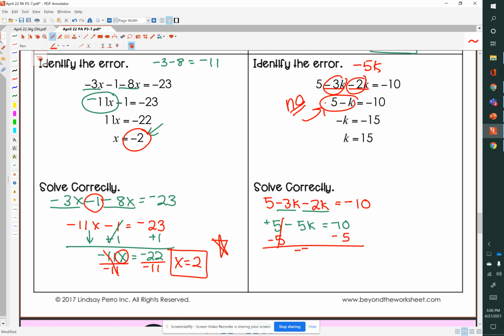So that gives us negative 5k equals negative 10 minus 5, which is negative 15. So now what's happening to k? K is being multiplied by negative 5, so we will divide by negative 5. And we've isolated k, and we see that k equals negative 15 divided by negative 5, k equals 3.